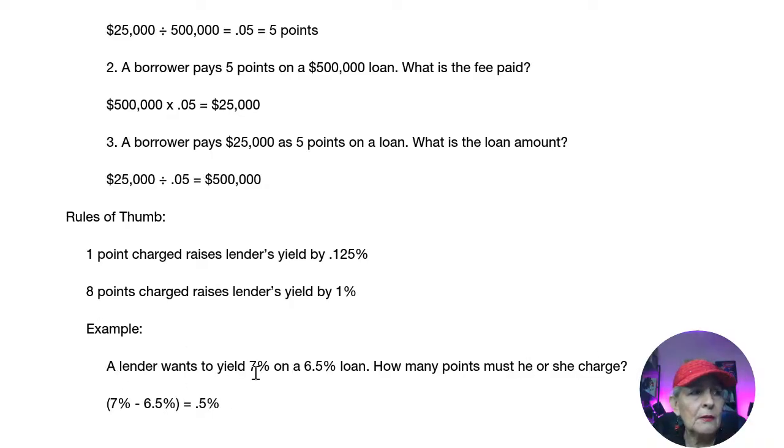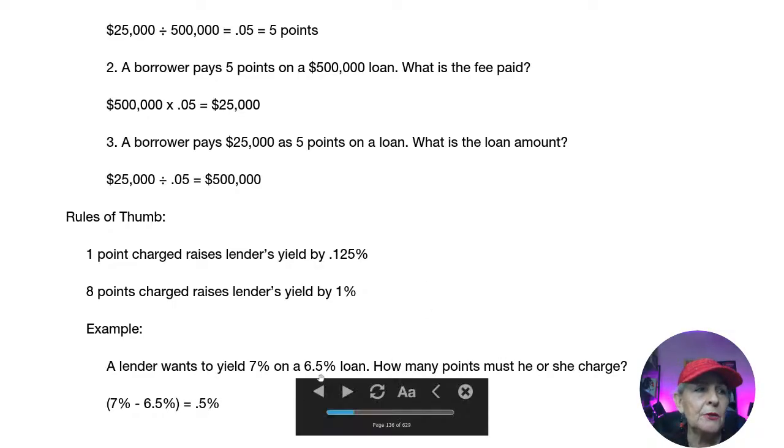Okay, so they want to yield 7% on a 6.5% loan. So 1 point charged raises the lender's yield by 0.125. How many points must he or she charge?